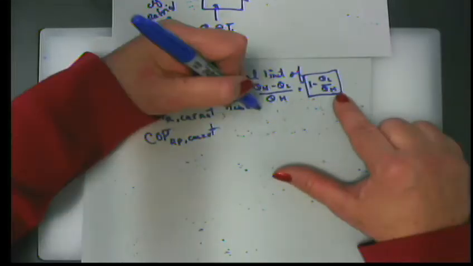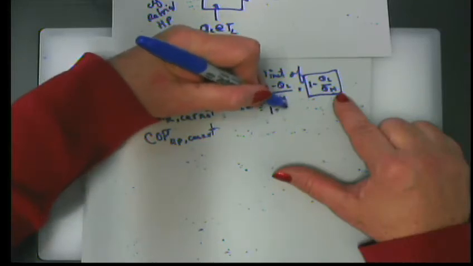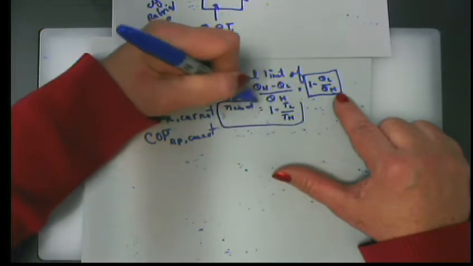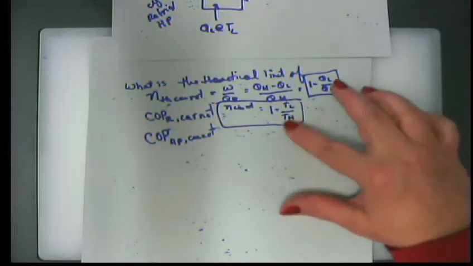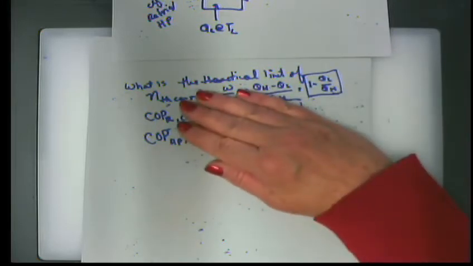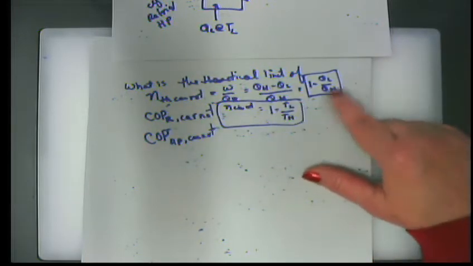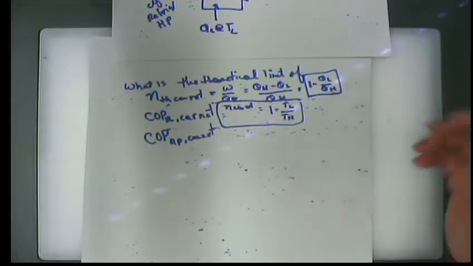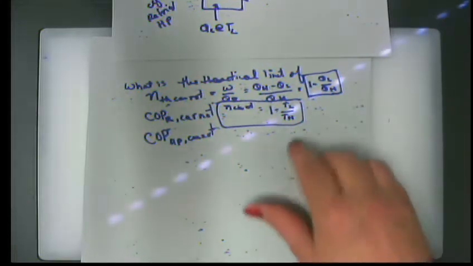I can substitute temperatures here, and I'll get the efficiency of a Carnot cycle. So these are both true for a Carnot cycle or for a reversible cycle. For a real cycle, only this is true. So, in other words, you can compute one or the other for a Carnot cycle and compare it to a real cycle and come up with a Carnot efficiency.